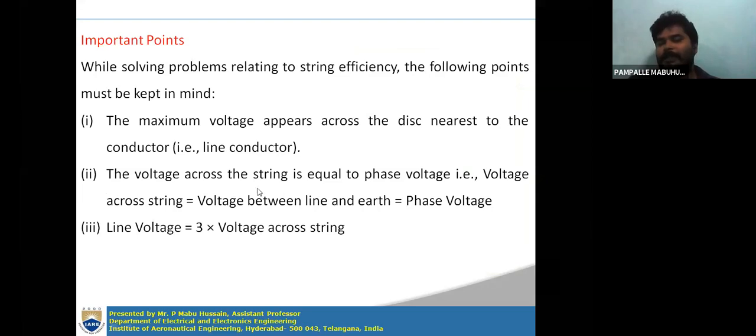Remember, the voltage across the string is always the phase voltage only. If you want the line voltage, you have to multiply that by √3.